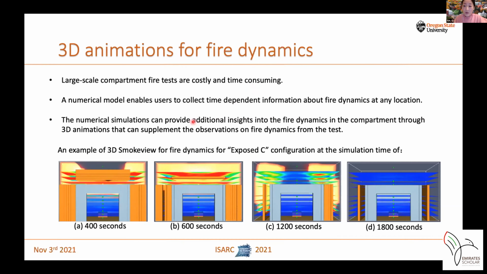Moreover, the numerical simulations can provide additional insights into the fire dynamics in the compartment through the 3D animations that can supplement the observations on fire dynamics from the test. Here is an example of the 3D smoke view of fire dynamics for the configuration of exposed ceiling in our FDS test. It shows that the CLT panels are burned away over time.